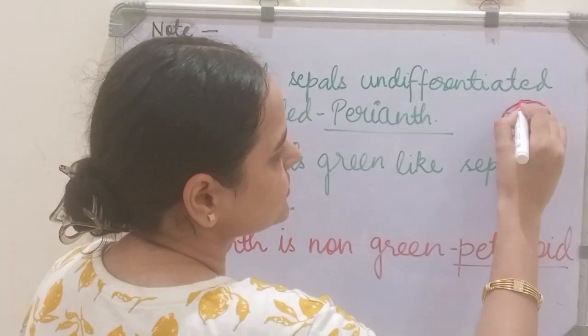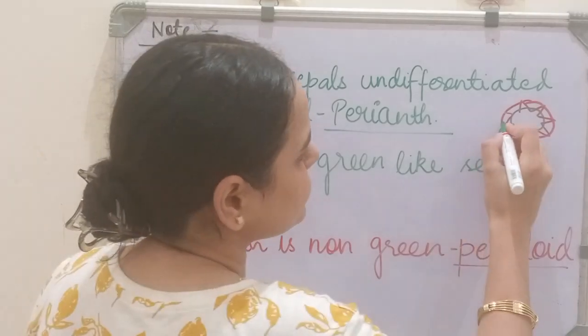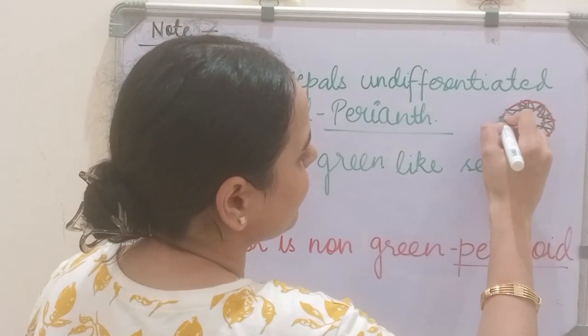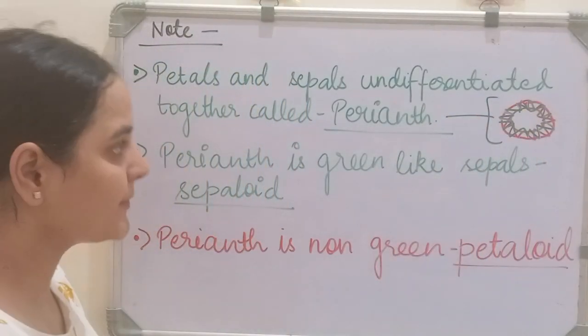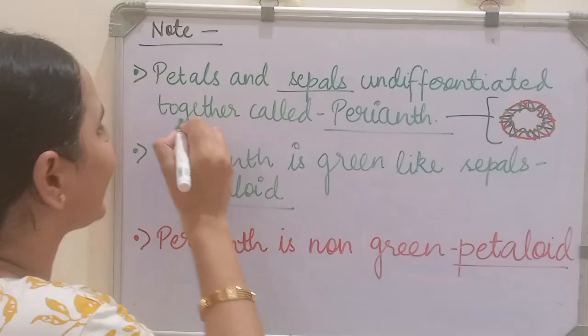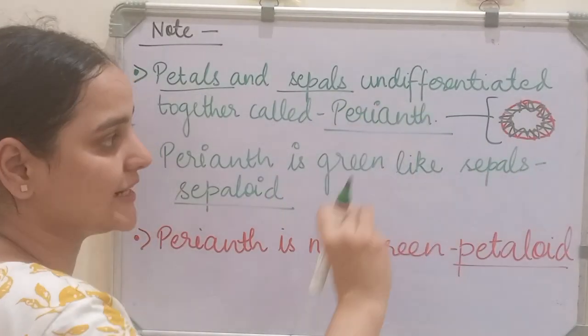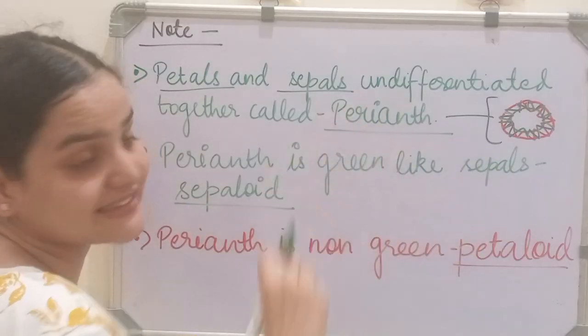You cannot differentiate whether it is petal or whether it is sepal. So you will call such a structure a perianth, in which sepals and petals are undifferentiated. You are not able to differentiate whether it is sepals or petal. So that condition is known as perianth.